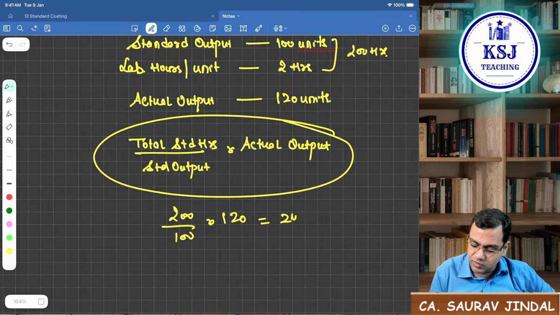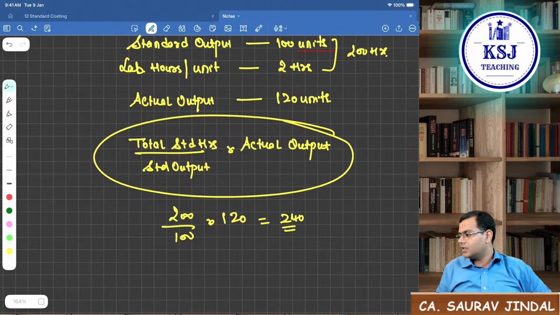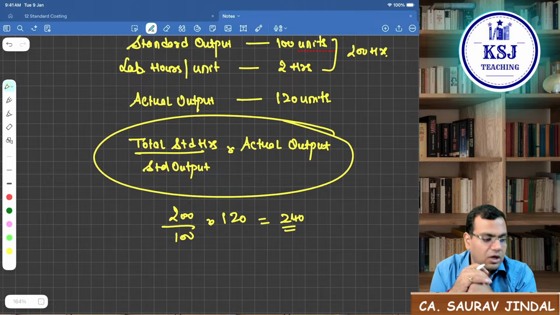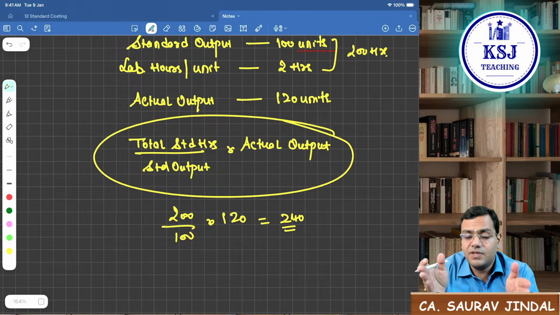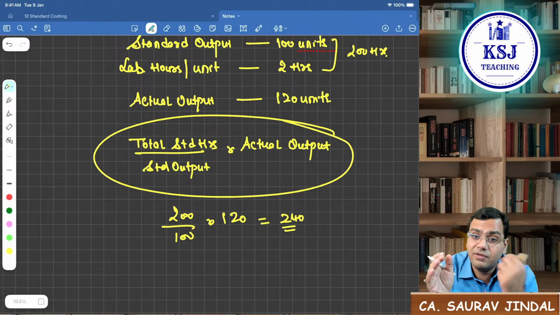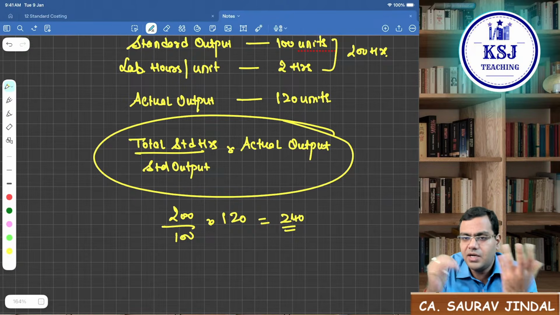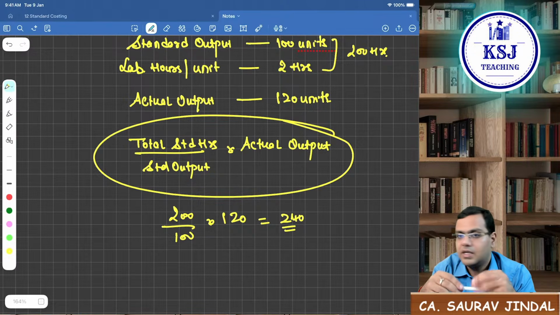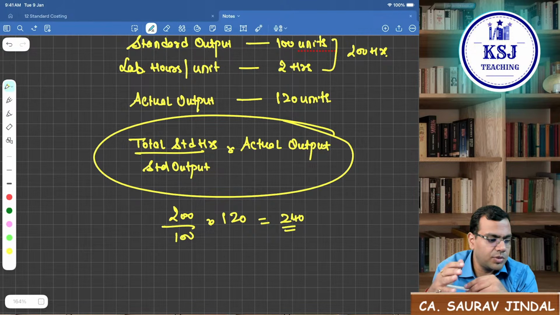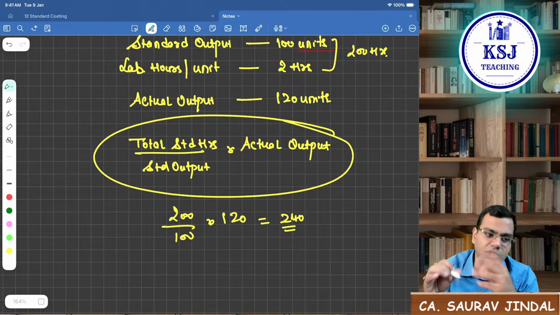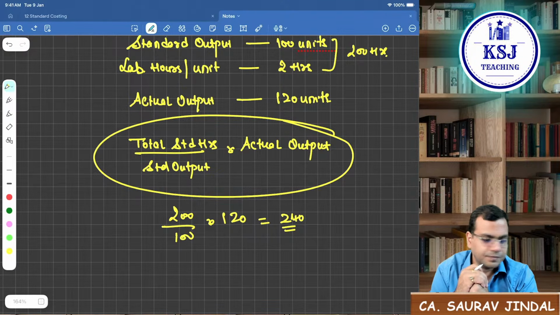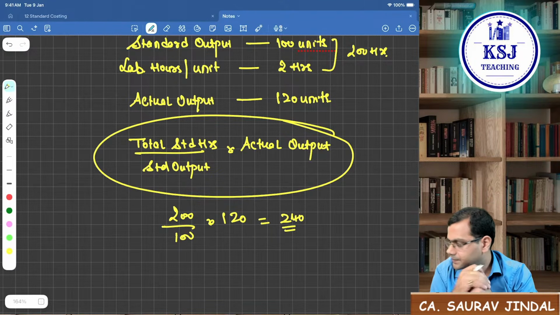So that will give you 240. Right? So this is your standard hours for actual output. If the standards are given already for 1 unit, directly multiply with actual output and you will get the standard hours for actual output. Simple. Clear?